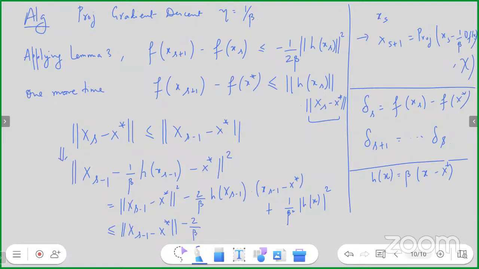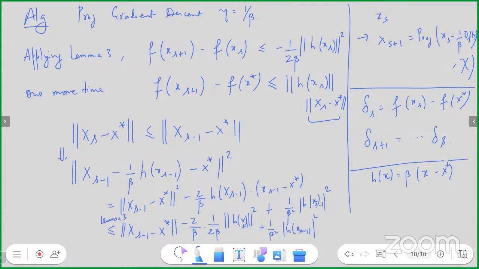This is less than or equal to 1 by 2 beta, this should be x of s minus 1 everywhere, plus 1 by beta square h of x. This and this cancel off. You end up getting just the first. So this is from lemma number 3.